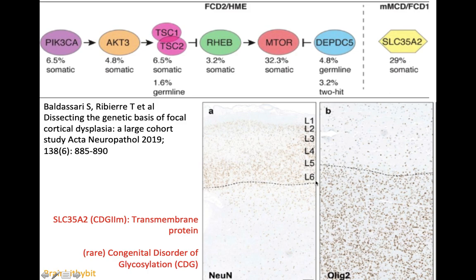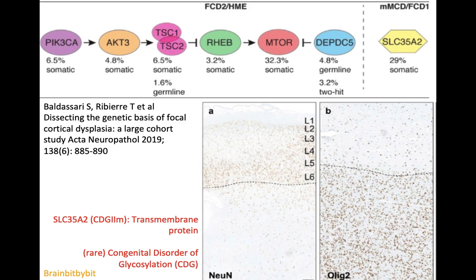And on histology, there's normal cortical lamination in MOGHE, as you can see in this staining for the neuronal nuclei. But there is an abnormality with the oligodendrocytes on this Olig2 staining, and there are too many oligodendrocytes in the subcortical white matter, and this gives the impression of a thickened cortex.